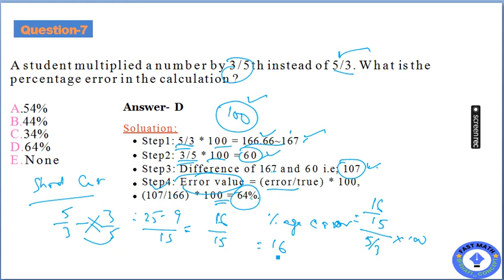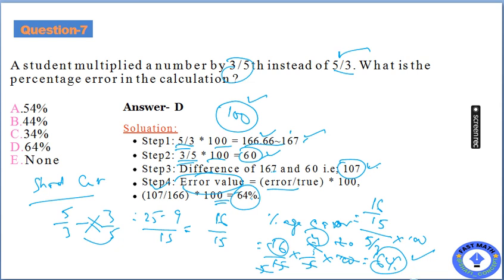That is nothing but 16 by 15 into 3 by 5 into 100. 3 into 5 is 15 and 5 into 4 is 20, this is 4. Nothing but 4 into 16 is equal to 64%. This is the shortest way.